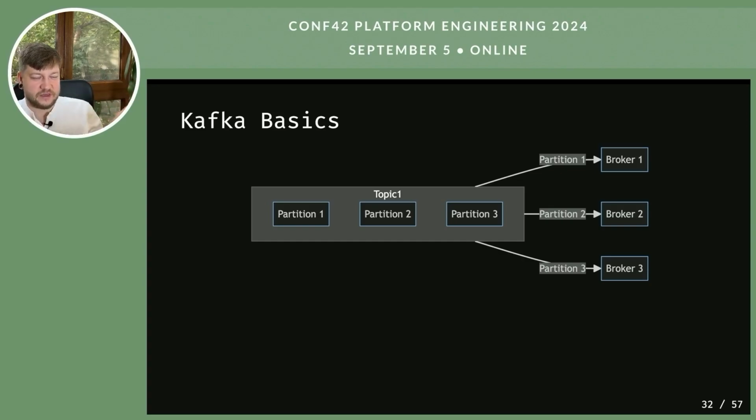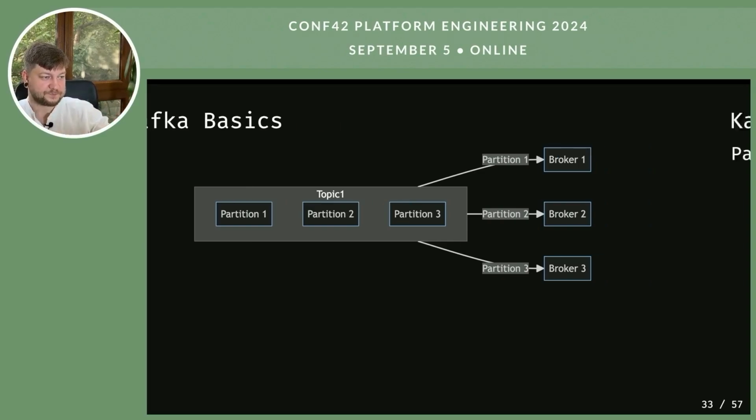So let's just think that we have 3 brokers, and they can coordinate the data somehow. One topic has 3 partitions, and each partition will be placed on a broker. Of course, there is replication, some guarantees, some settings, but we don't need it for today.